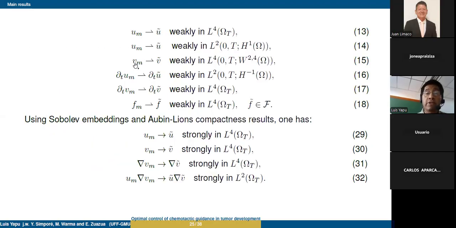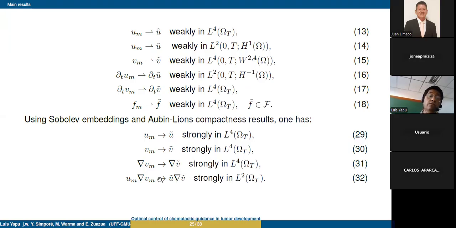We have the convergence of U weakly in L4, also in this space. For V, the derivatives, all these spaces come from the first part of the existence result. And using Aubin-Lions theorem, we can get some strong convergences from those weak convergences.